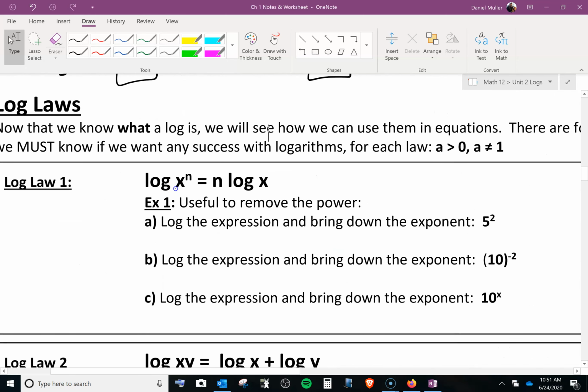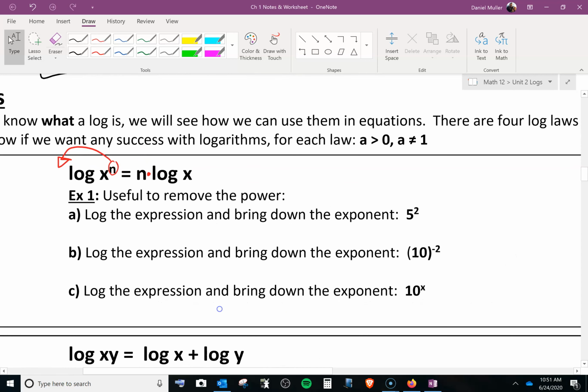So we've already seen this a couple videos ago at the beginning, but one of the most practical uses of logarithms is that when you take the log, the exponent gets to come down in front and turn into a multiply. So it is really useful to remove a power. Say you had 5 squared, and it was in an equation.